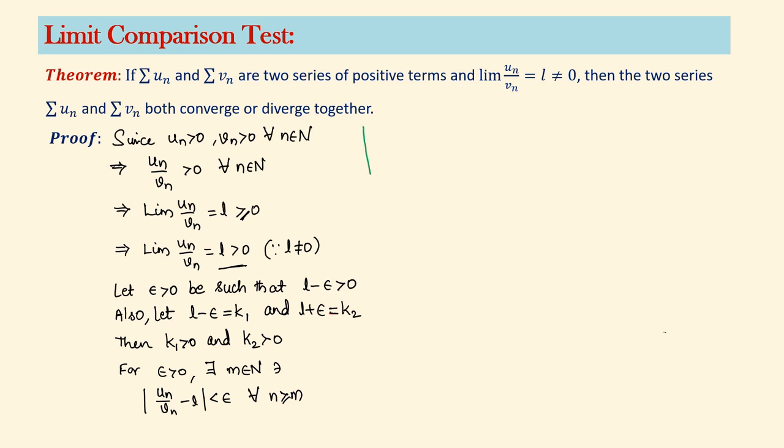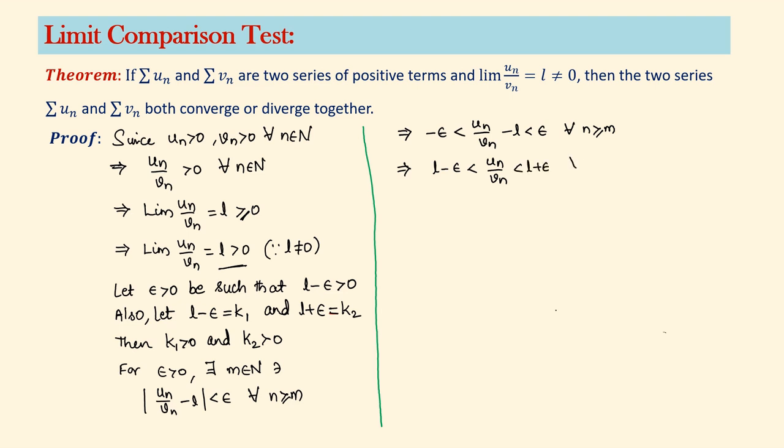So if I expand this, it becomes minus epsilon less than Un by Vn minus L less than epsilon for all n greater than or equal to m. Adding L on all sides, we have L minus epsilon less than Un by Vn less than L plus epsilon for all n greater than or equal to m.